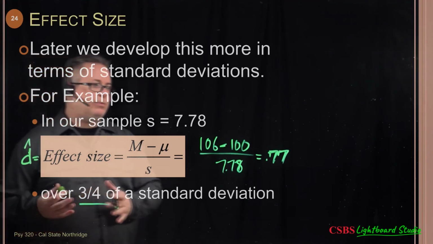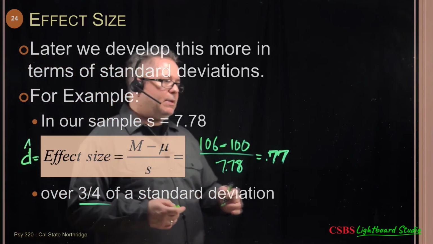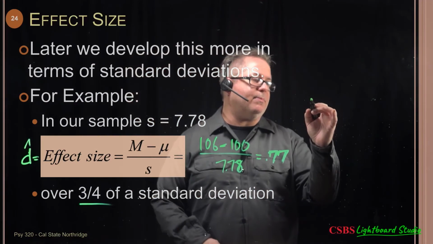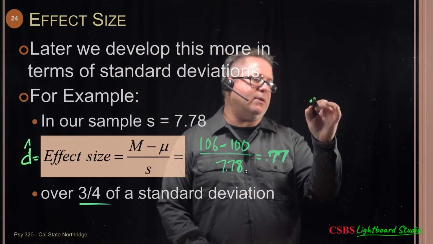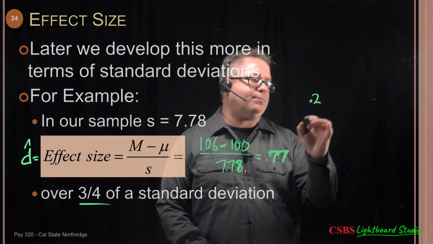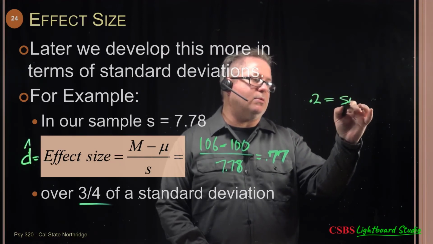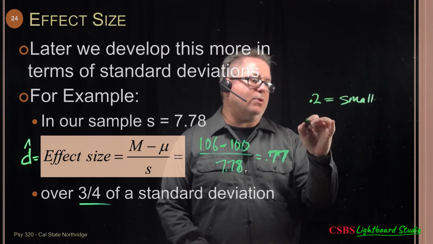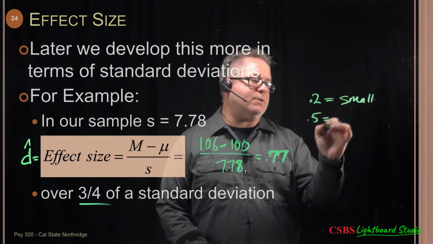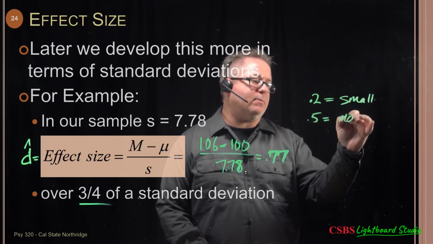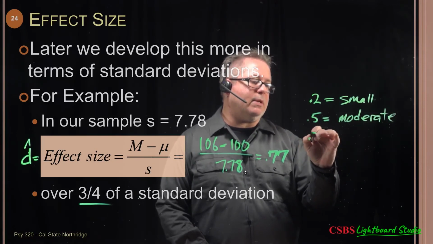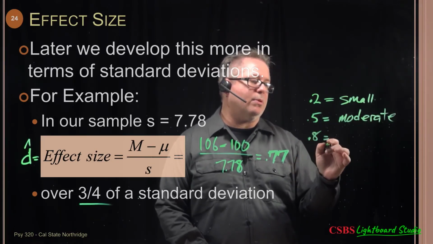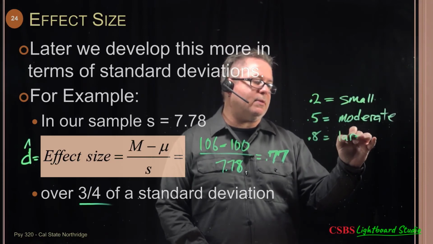And Cohen, who developed this, put together some criteria where a Cohen's d of 0.2 was considered small, a Cohen's d of 0.5 was considered medium, and if you're at 0.8 or more, that's considered a large effect.